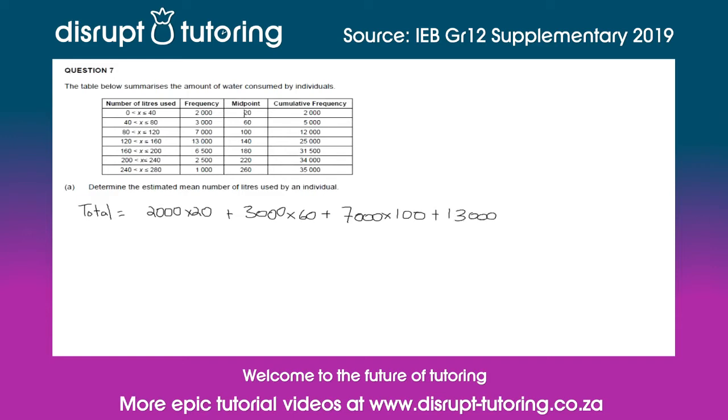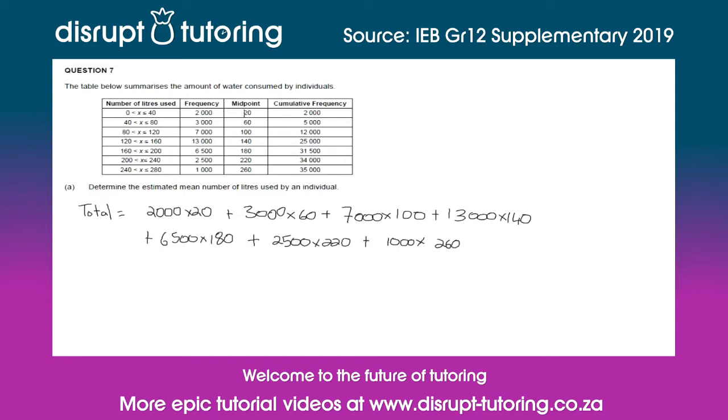So 13,000 times 140, plus 6,500 times 180, plus 2,500 times 220, plus 1,000 times 260.